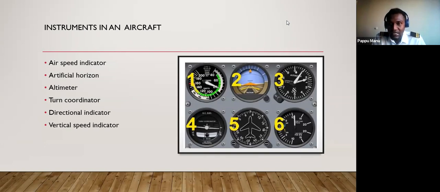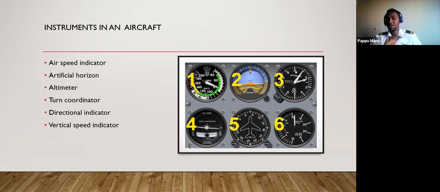If you can see the orange mark on the artificial horizon, that is your aircraft. You see the blue on top and the brown below. The blue on top says the sky is on top, and the brown below is the ground below. If you're flying straight and the aircraft is straight, the orange line is going to be on the horizon, between the sky and the earth on the instrument.